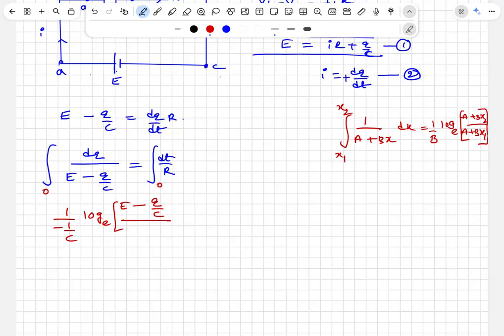What happens if initially charged, I will discuss at a later stage. This is a fundamental discussion. Right now, the limits are 0 to q at some instant, and t minus 0, t by R.